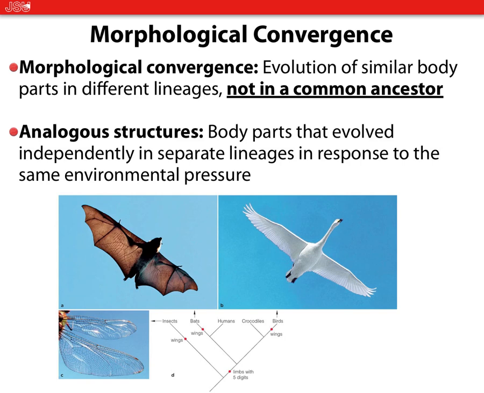They're going to cause negative pressure underneath, and they're ultimately going to cause flight. Well, they do the same thing, but do they come from a common ancestor? And the answer to that is no. At least the wings did not develop from a common ancestor. So those are analogous structures. They are performing the same duty, but they come from different evolutionary lineages.